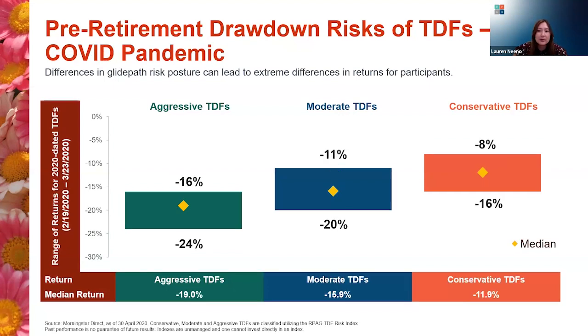We also saw similar trends throughout February and March of 2020 at the onset of the COVID pandemic. At the time, those participants invested in a 2020 dated target date fund, at best, you were down 8%, at worst, down 24% in your portfolio. So another key here is that participants approaching retirement may not always have the luxury to wait for the market to rebound.